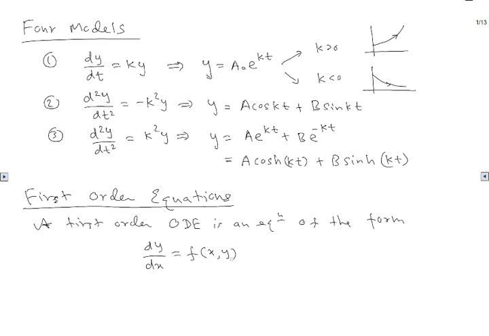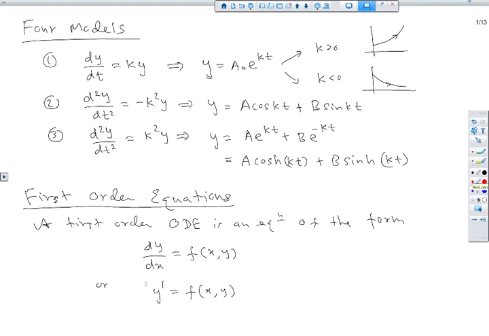So it can be a function of both the independent and the dependent variable. Or simply, we can write this as y prime equal f(x, y). This is how a first order differential equation looks.